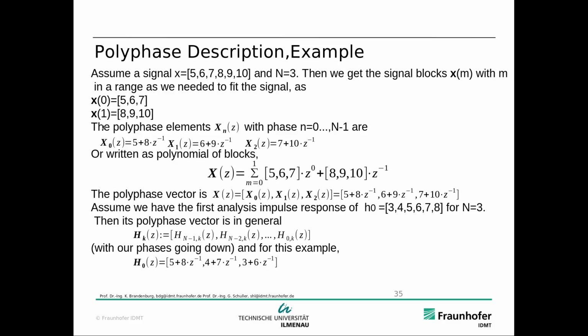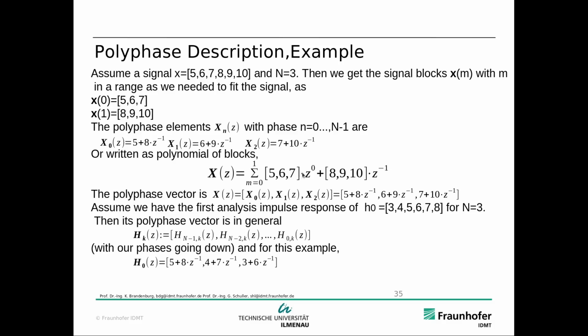These are the two blocks. The polyphase elements xn with phase n equals 0 to n minus 1 are then this. So this is x0, contains here those first phases. x1 contains phase number 1, 6 and 9, and x2 contains phase number 2, which means 7 and 10.